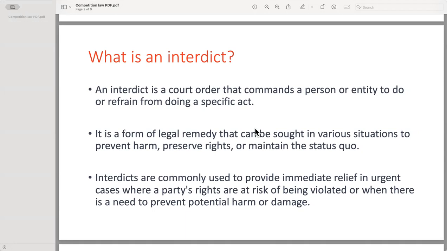Then you would approach a court and apply for an interdict to stop them from playing that loud music. So it is a legal remedy that can be sought in various situations to prevent harm, to preserve rights, or to maintain the status quo.